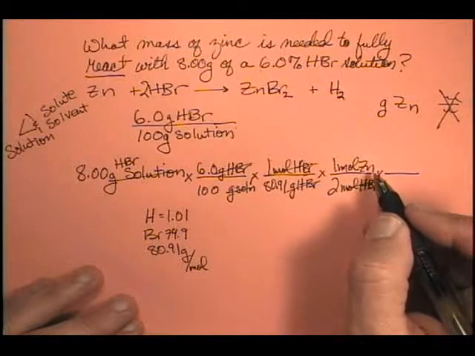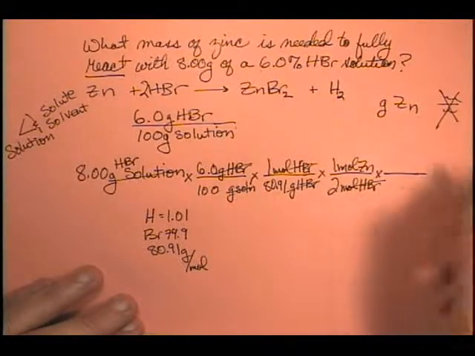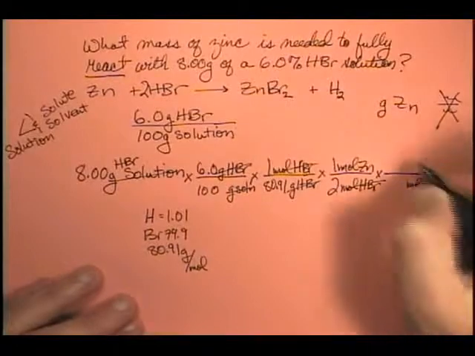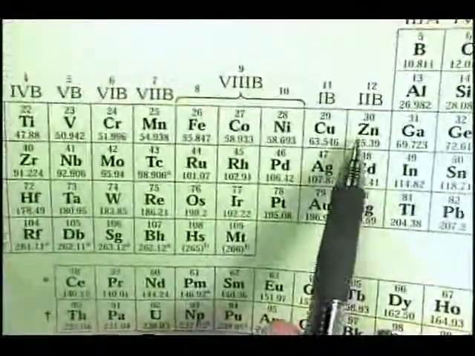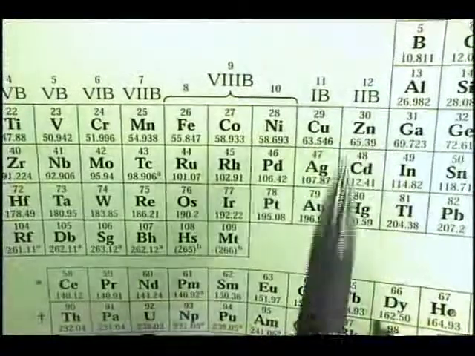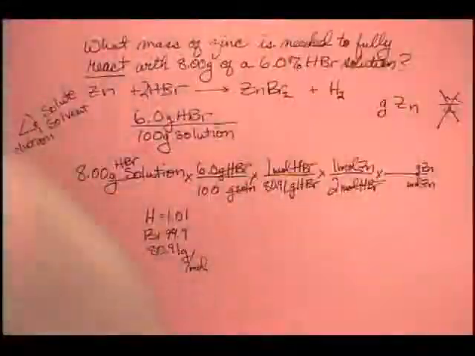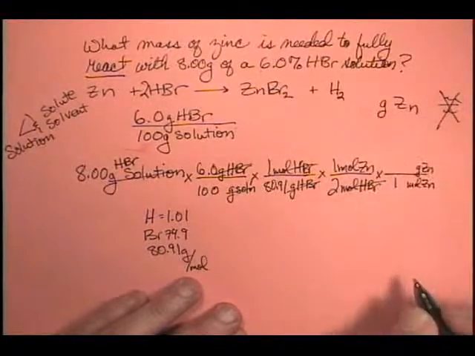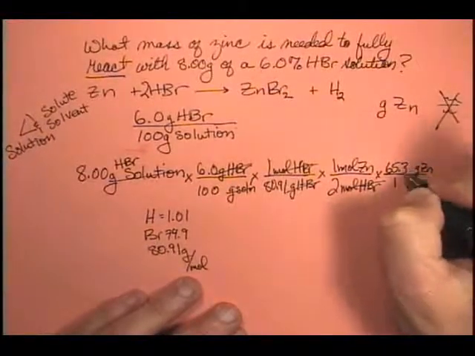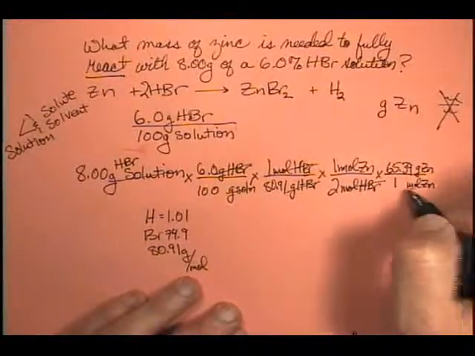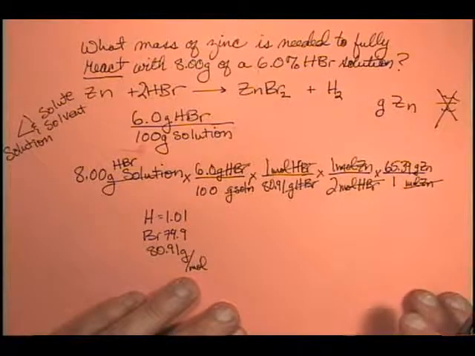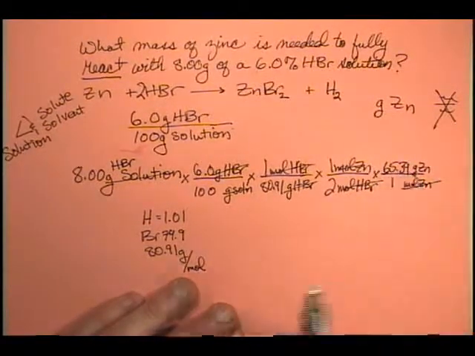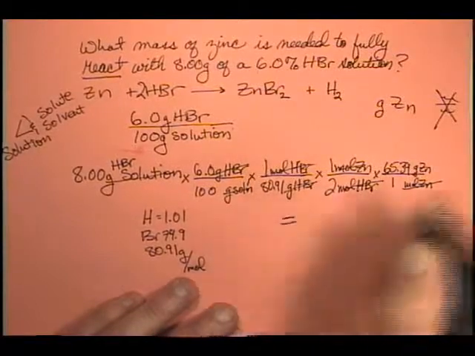So my last conversion, we have to go from moles of zinc to grams of zinc. Well, where can I find that? Molar mass on the periodic table. And here we are with zinc. What is that? 65.39 grams per mole. So I know that 1 mole of zinc is 65.39 grams of zinc. Moles of zinc cancel. It's kind of hard to read, but that's 65.39. So now I'm going to go ahead and plug and chug.